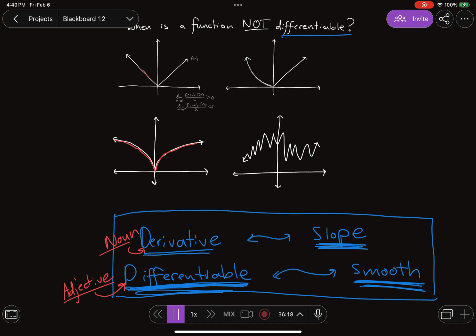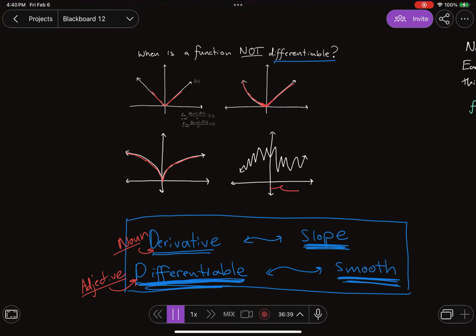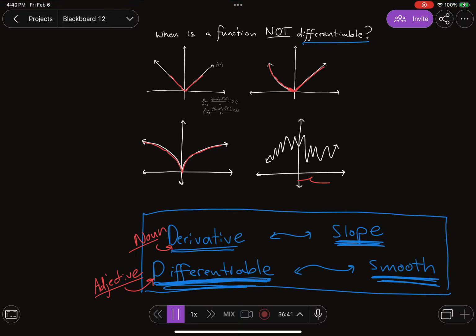Pointy, pointy, pointy. Even if it's just a slight point, like in this case, we still can't call it differentiable. And of course, this one's a disaster, not even sort of smooth at all. Okay, so when somebody says a function is differentiable, we think to ourselves, oh, they're asking, is the function smooth? That's really a key insight with this new beast of differentiable.